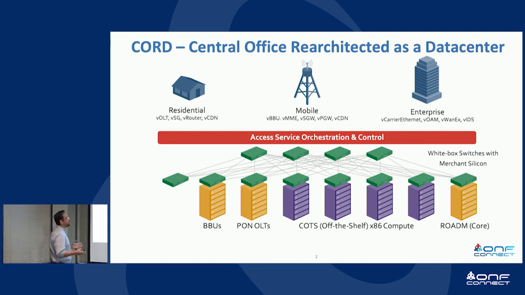And these locations are the first stop where this traffic hits, and it has evolved over the last 100 years in various different ways, such that traffic from residential subscribers goes through a set of equipment, but for the mobile subscribers goes through a completely different set of equipment, and so does the enterprise or business customers.